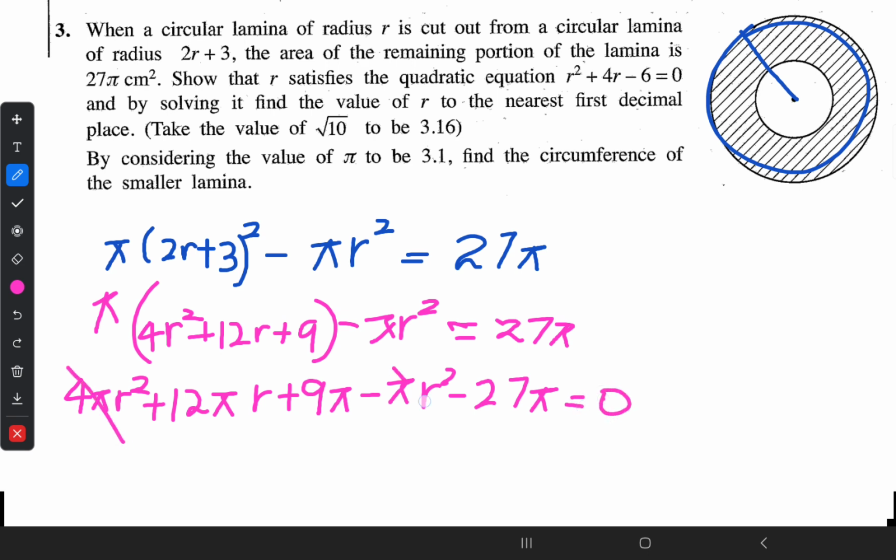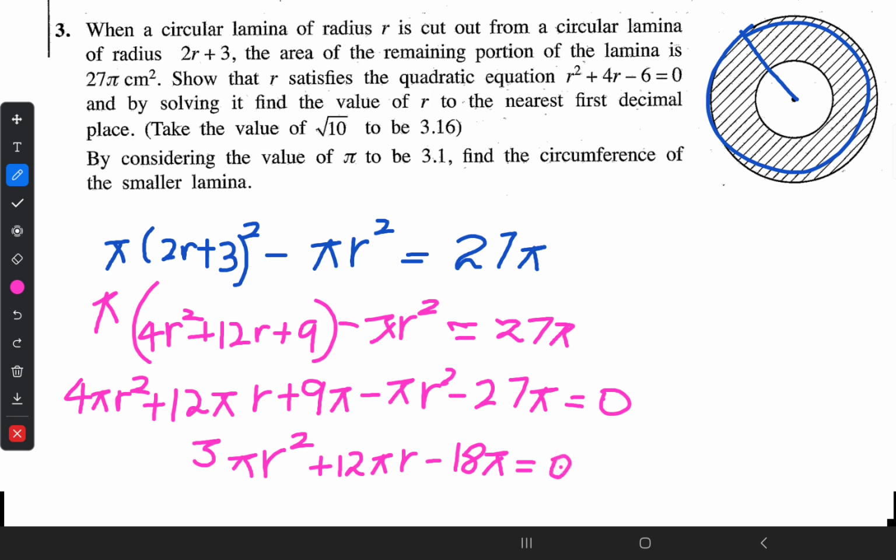4 pi r squared minus pi r squared will become 3 pi r squared. Plus 12 pi r. Then 9 pi minus 27 pi, that means 27 minus 9 would be 18, so minus 18 pi equals 0.